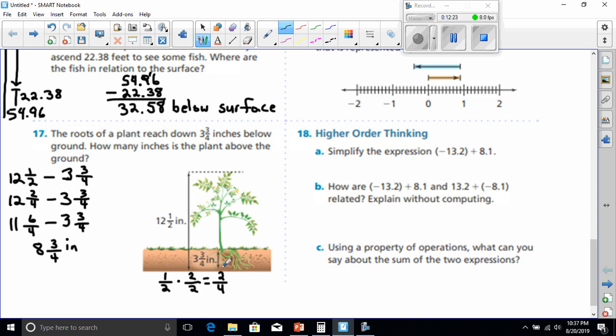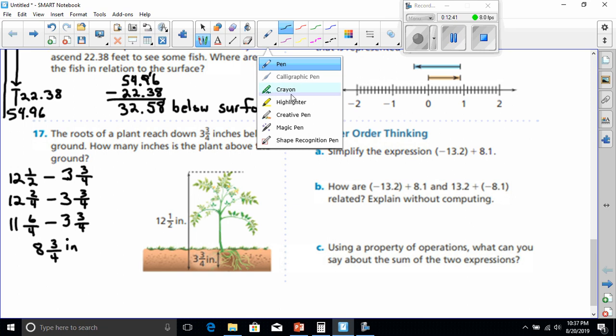Now, some of you are probably thinking, hey, Mr. Mendez, we learned to take those fractions and turn them into improper fractions in order to do this. So if we were at the step right here where we had 12, and I'm just going to highlight this really quick so you guys can see what I'm talking about.